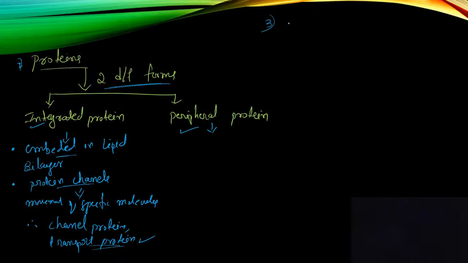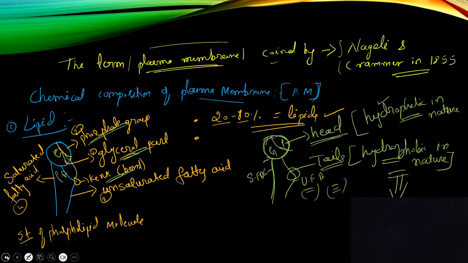The third one is carbohydrates. The carbohydrates in the plasma membrane appear in two different forms.